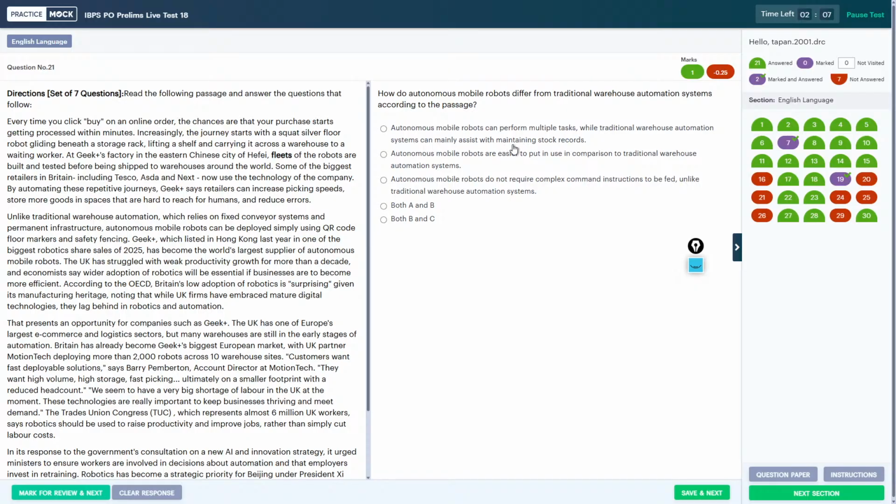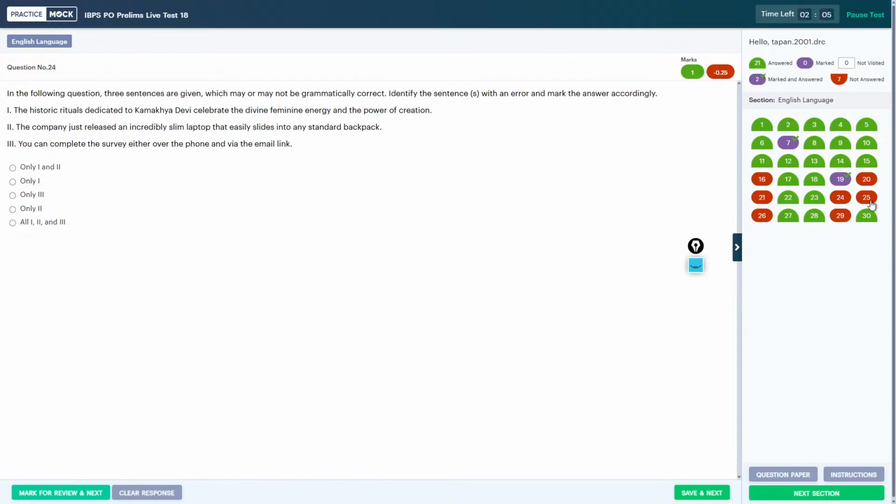Mainly assist the historic rituals dedicated to Kamakhya Devi, to celebrate the divine feminine energy and the power of creation.